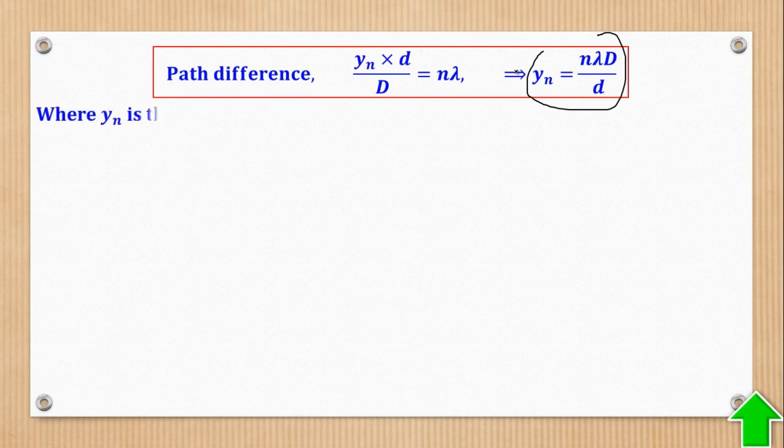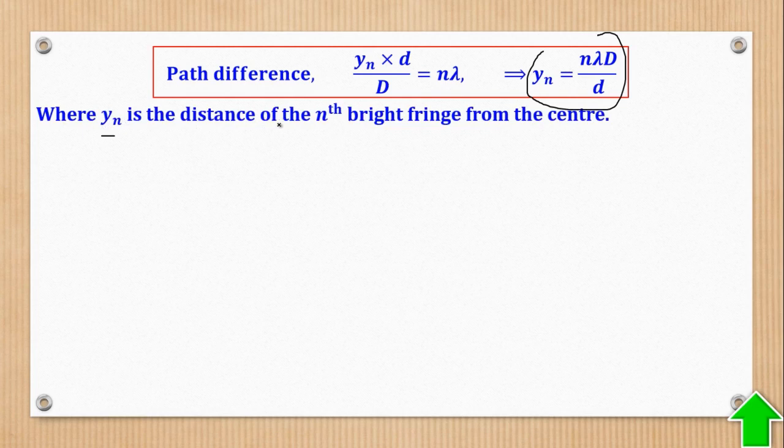Now what is yn? yn is the distance of the nth bright fringe from the center. So they can ask the distance of the 5th bright fringe from the center. It means that where there is n, you put 5. They can ask for the distance of the 10th bright fringe from the center. That means where there is n, you put 10, like that.